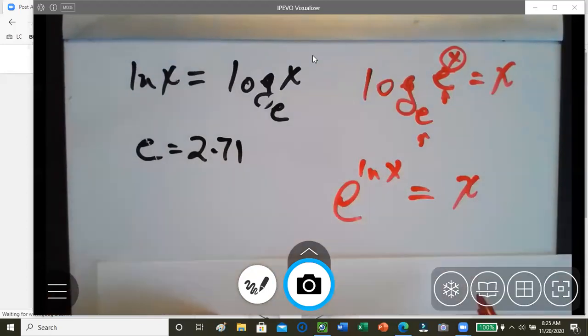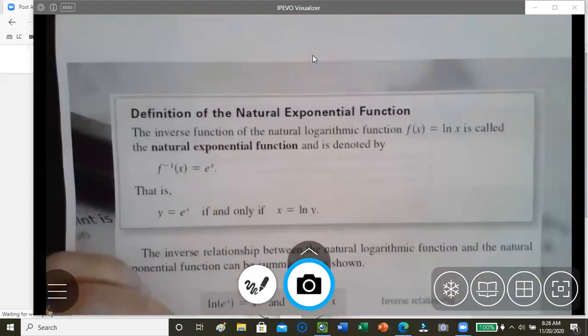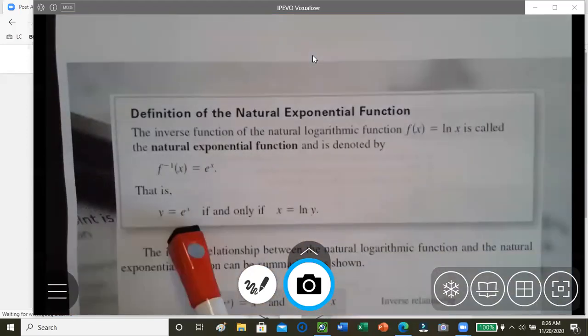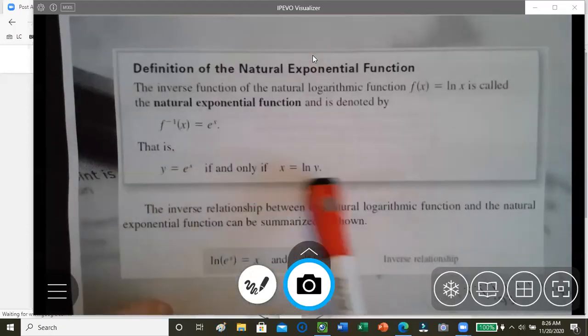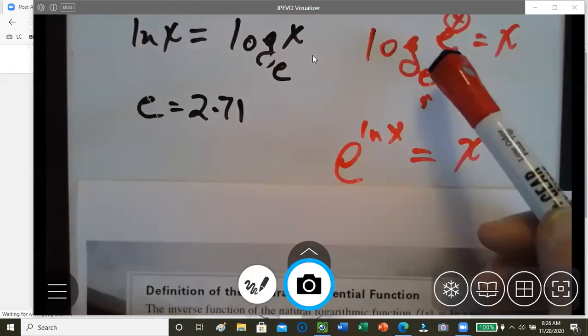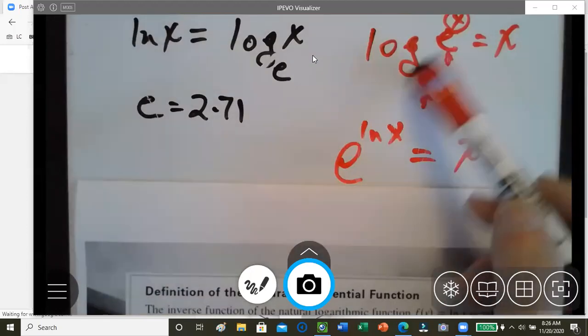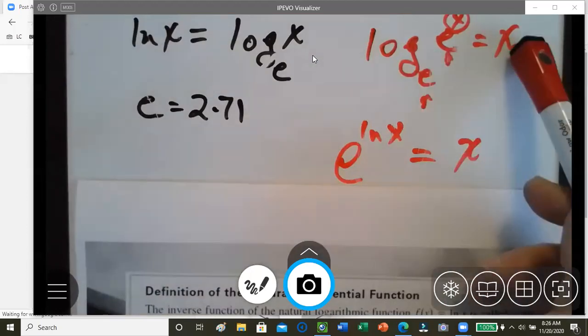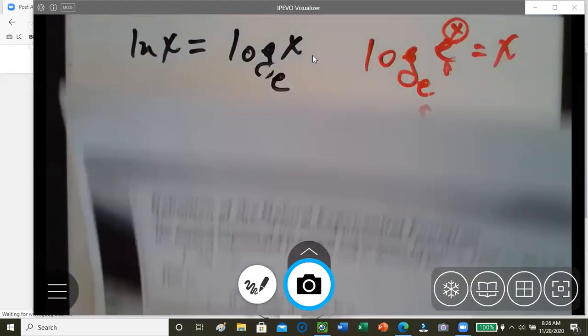So e and natural log are inverses of each other, okay? So y equals e to the x if and only if x equals the natural log y. And that's because the y is e, and the e's cancel each other out, and you just get x, okay?